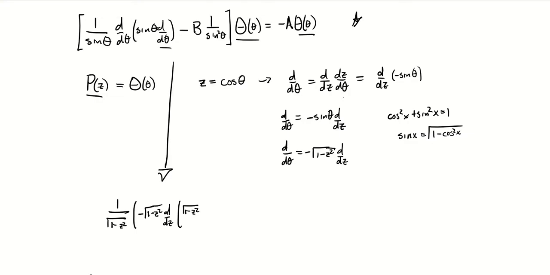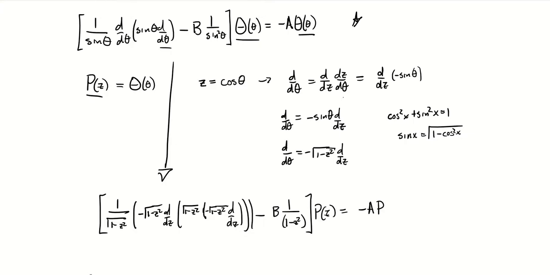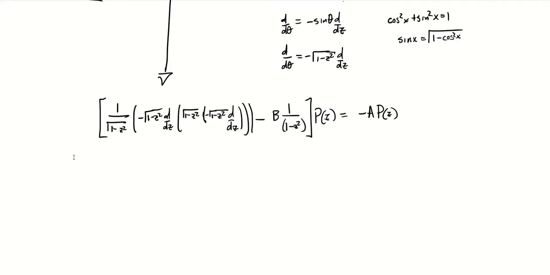Replace this d d theta with a negative root 1 minus z squared d dz. How many brackets do I need here? One more, I think. Minus b times 1 over 1 minus z squared, substituting that sine squared in there. All of this operating on our P of z function is equal to negative a times the function of z. This can be simplified, obviously.